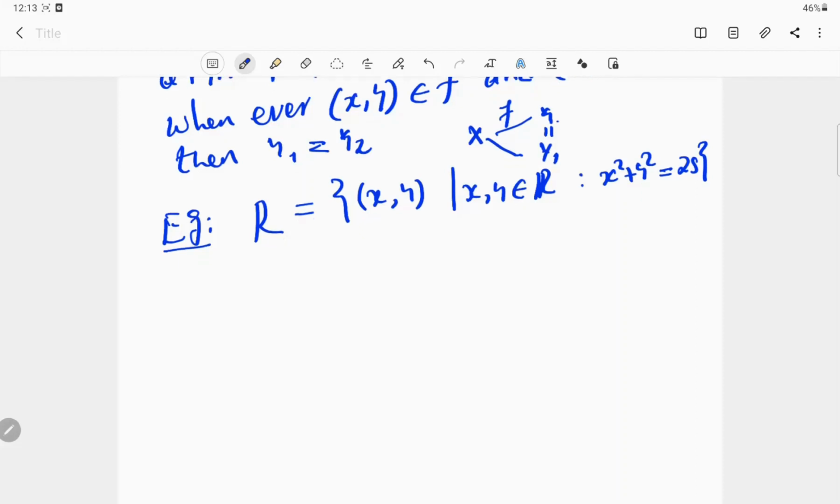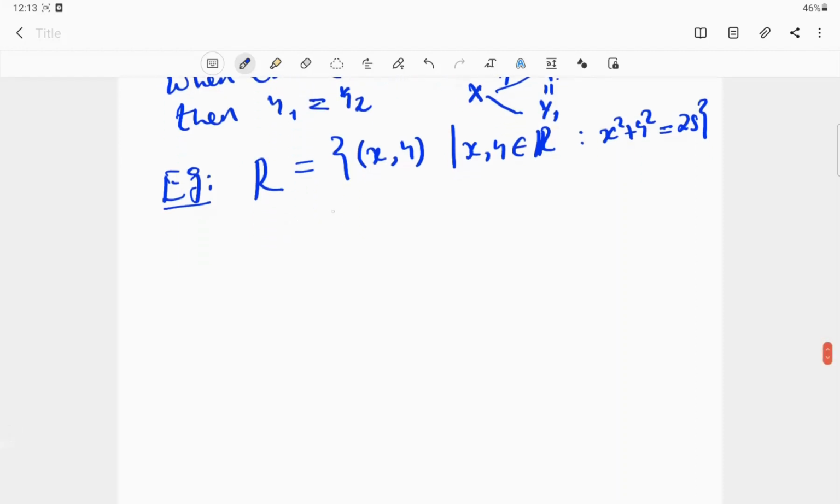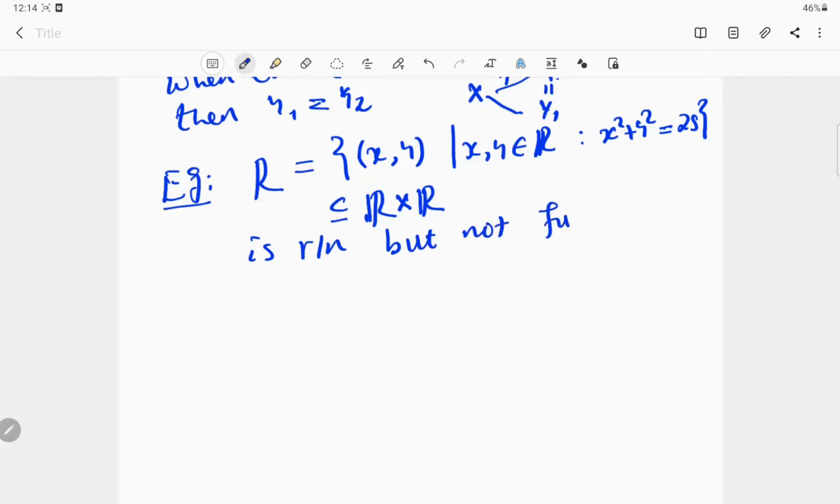As you see here, this is a relation because it's a subset of the Cartesian product of the set of real numbers with itself. So this is a relation, but not a function.